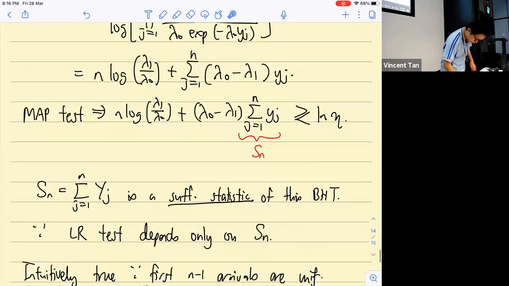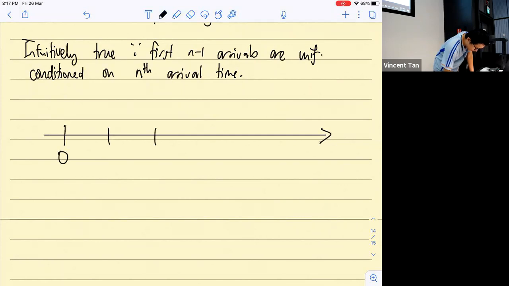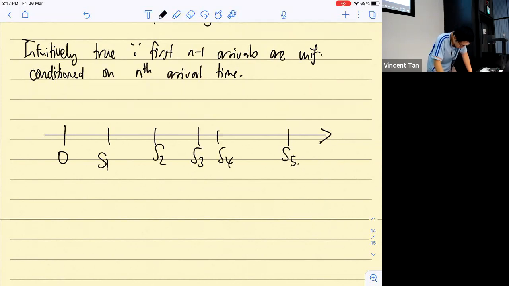Let's think of a particular scenario. We have some arrivals. This is our timeline. This is 0, and these are some arrivals, some close, some far: S1, S2, S3, S4, S5. We make this observation, and then we want to decide something. Suppose now my inter-arrival times are the following.